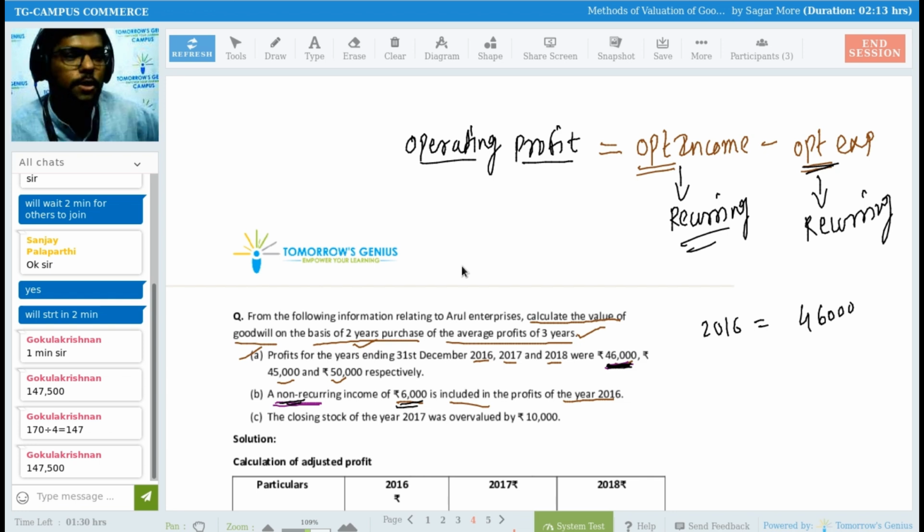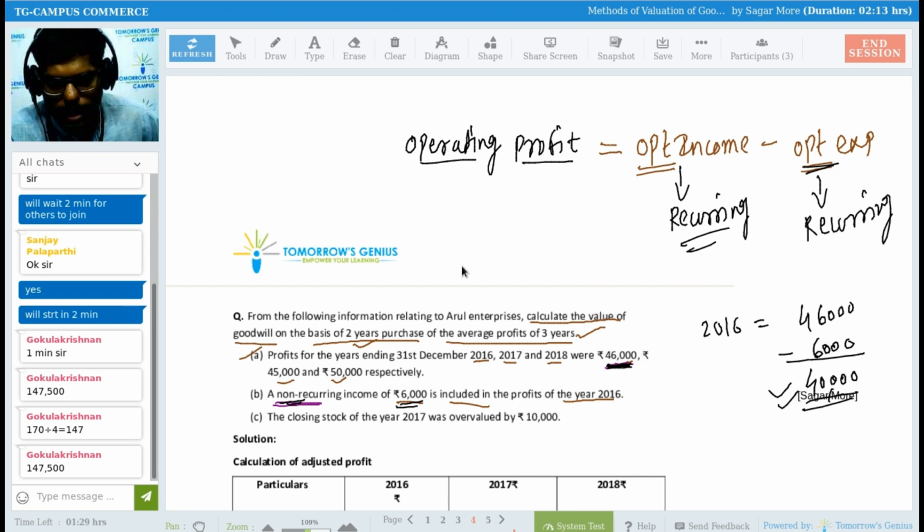So from 46,000, we have to subtract 6,000 rupees. So we get business profit as 40,000 rupees, and this is my correct profit. Yes or no? Yes, Gokul? Getting this? Yes, sir. Okay, good.